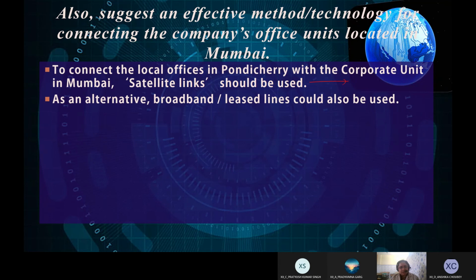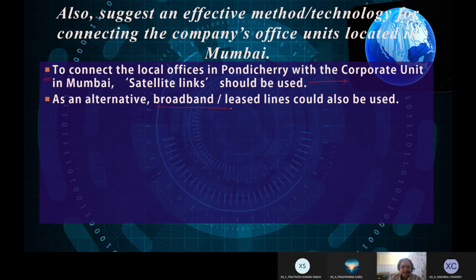And if there is an obstruction between the dish antenna and the satellite, there is a signal loss. So this results in constant disruption in the signals, which has to be avoided. That's why this is not the most preferred one, right?